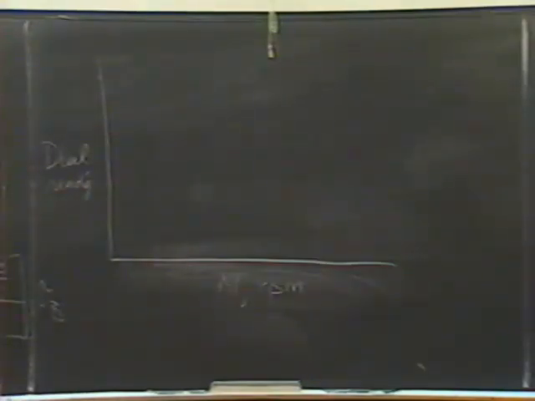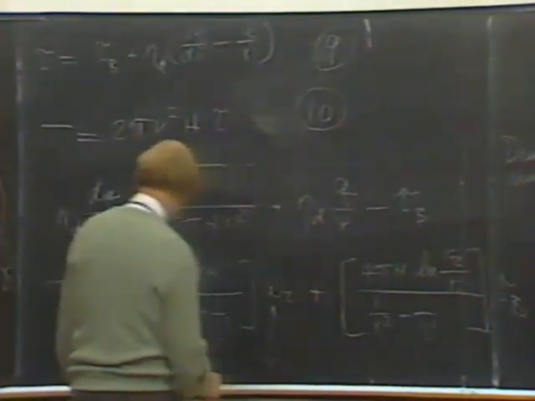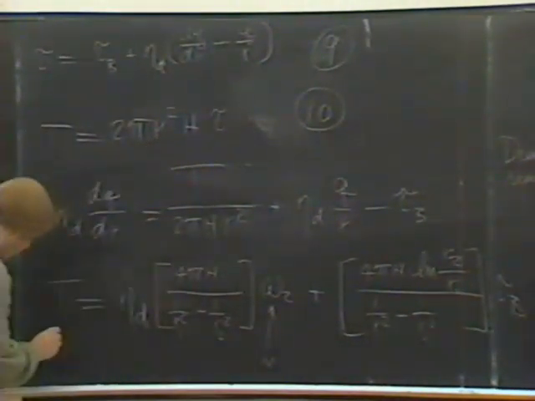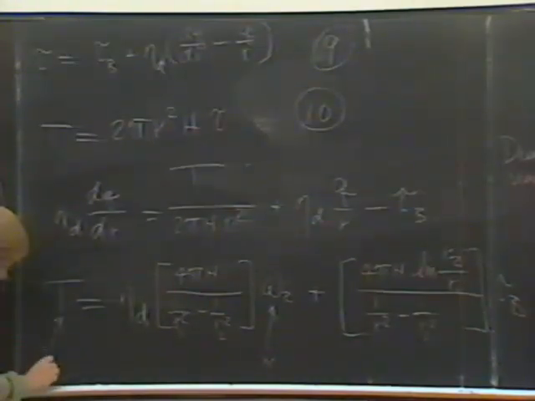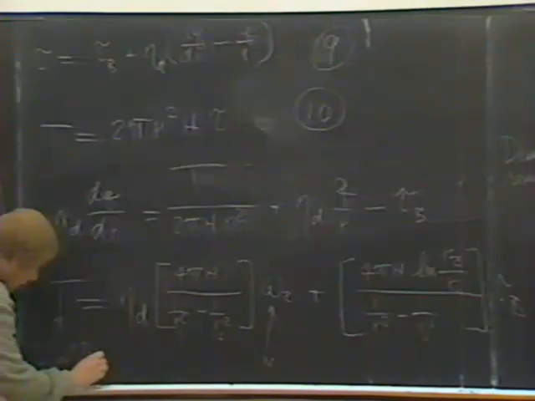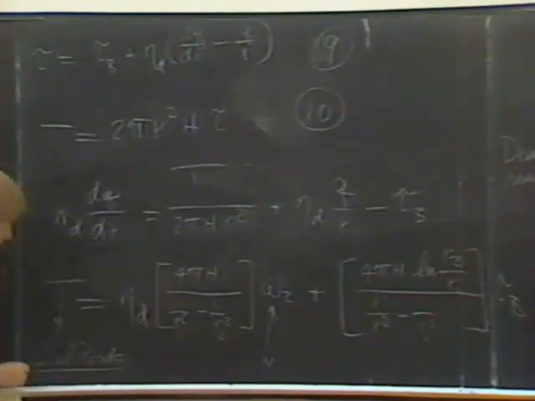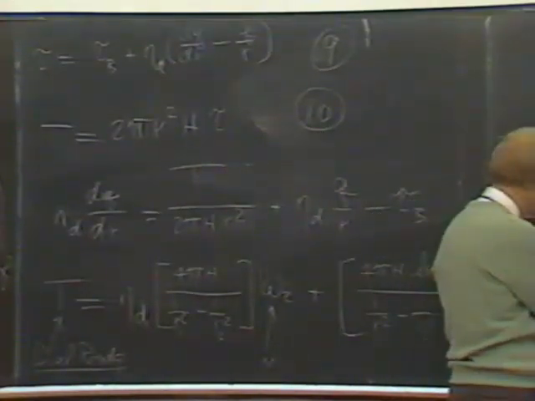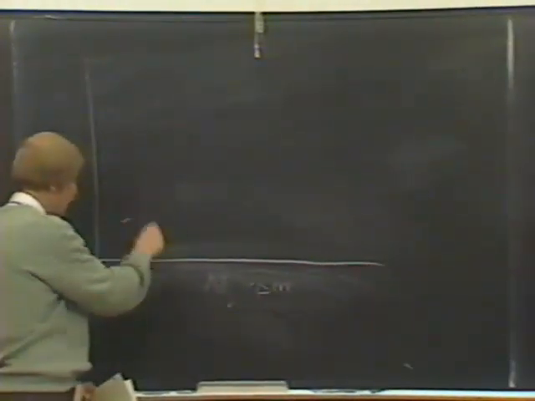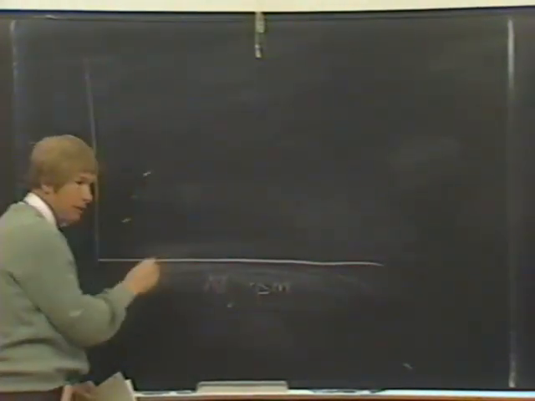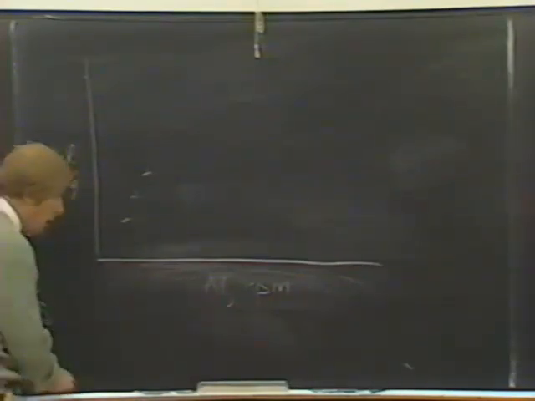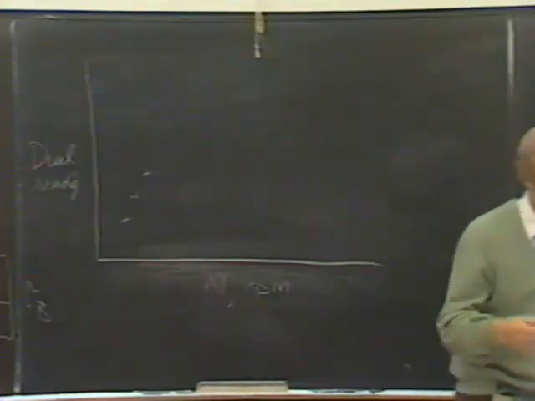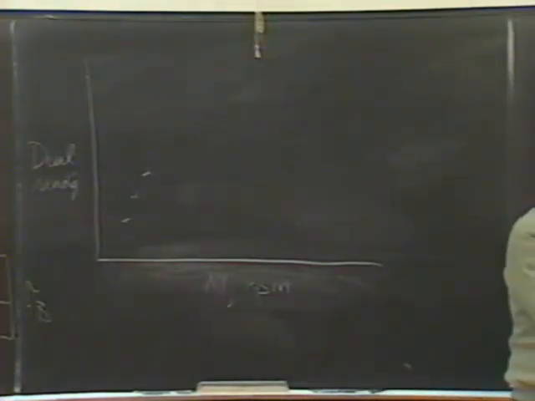The dial reading is proportional to N, and the dial reading is the torque. So for a given rotation rate, we get a point, and an increased rotation rate, we get another point, and so on. You follow me? This was a long, tedious process, measuring all these points and setting the light on the wall.